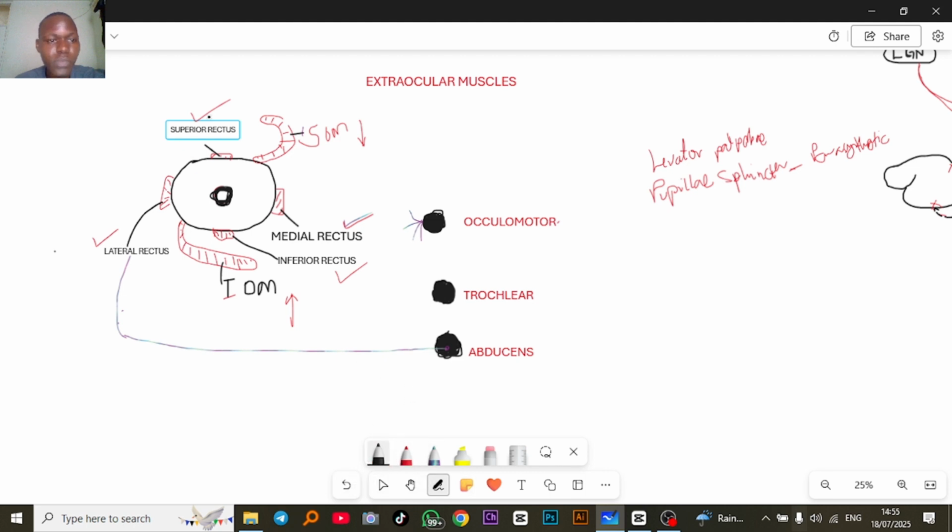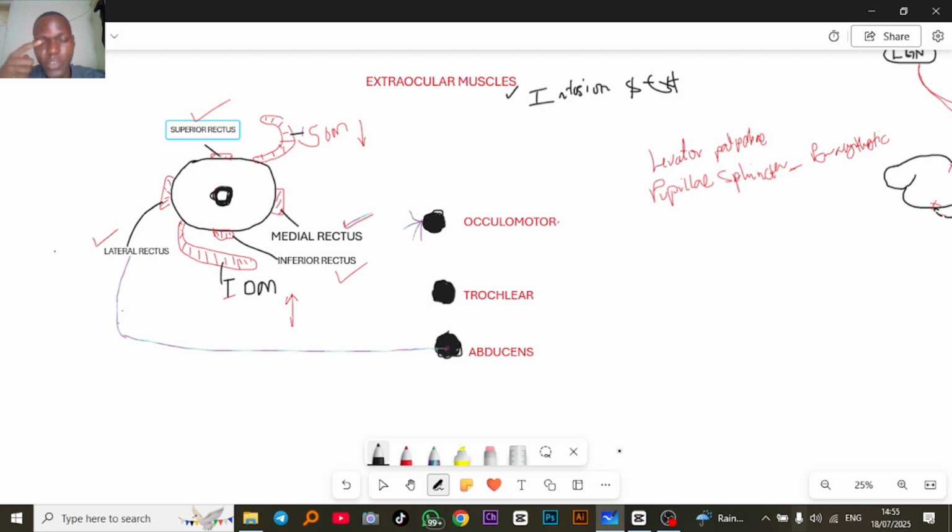There are other supplementary actions of these muscles. Talking about the additional actions, we have what we call intorsion and extorsion. So what are these actions? Intorsion, in simpler terms, is how your eye can move medially from up downwards like that.